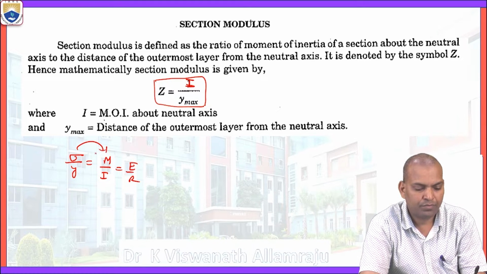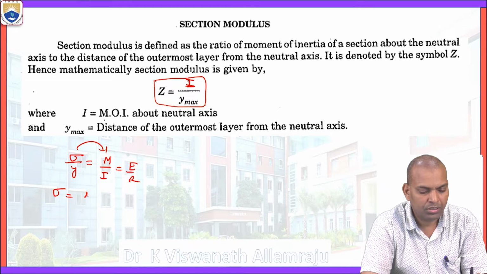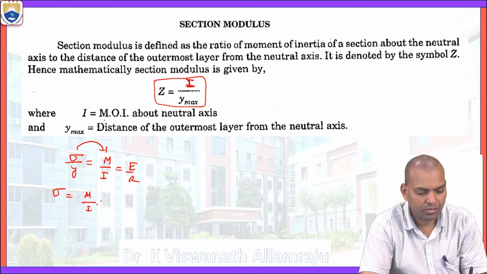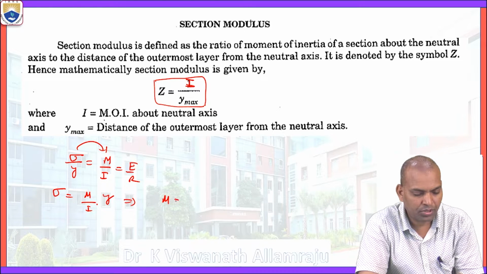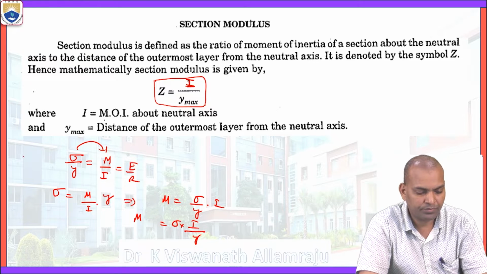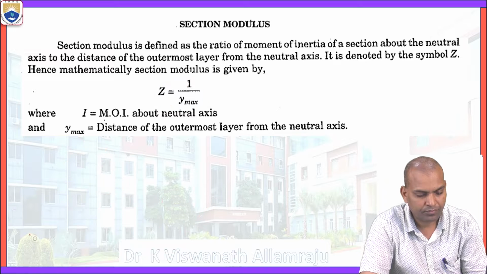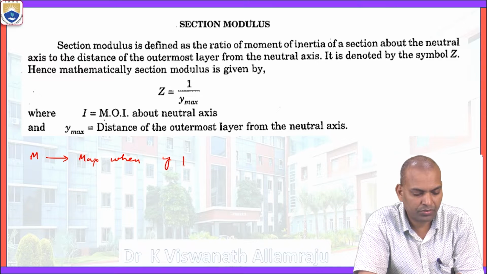If we compare sigma by y equal to M by I, from that sigma equals M by I times y, or we can make M equal to sigma by y into I, so sigma times I by y. M becomes M maximum when y becomes y maximum.